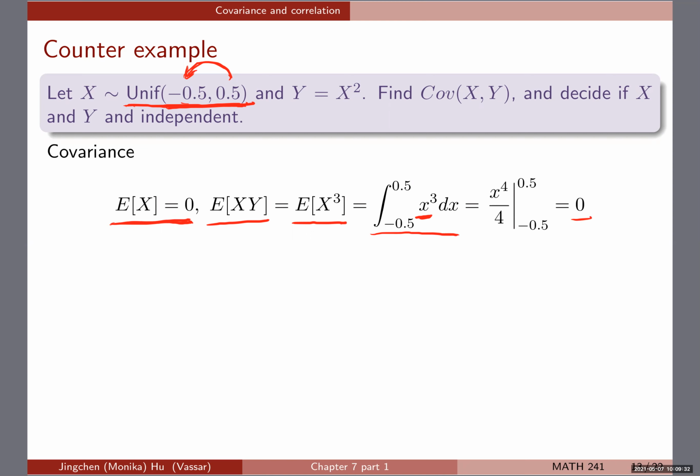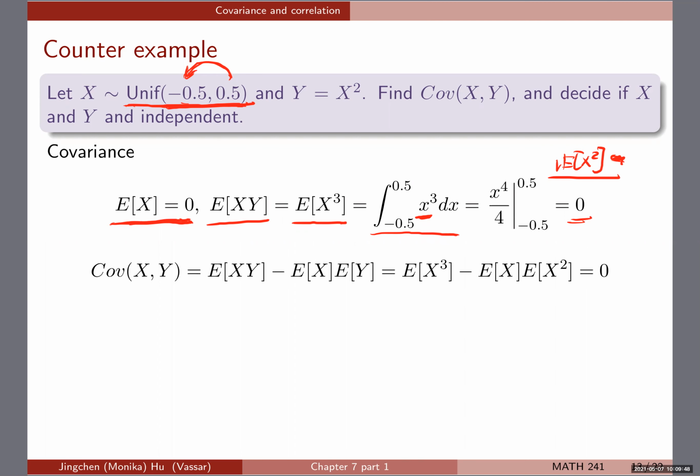You can do so for the expectation of x squared as well, but it's not necessary to show it because the expectation of x is 0 already.